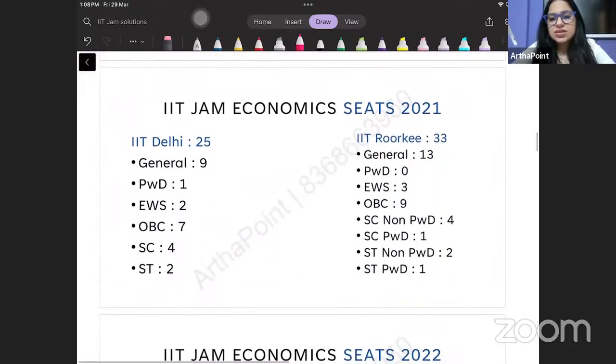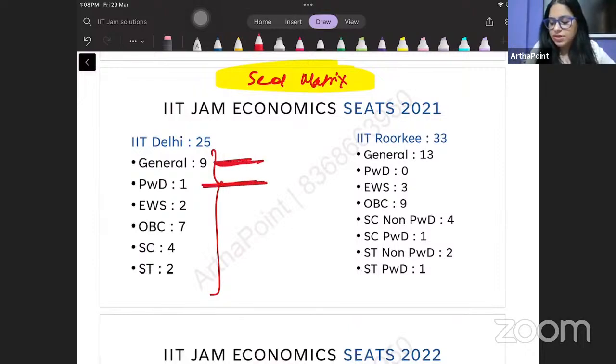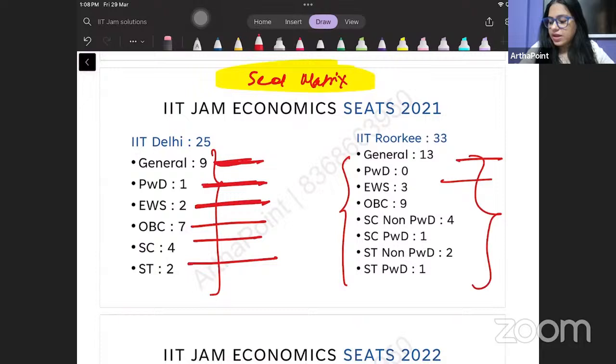But this is the seat matrix for our IIT. So if you can go ahead and see in IIT Delhi, this is the breakup. You have 9 seats in general, 1 in PWD, 2 in EWS, 7, 4, and 2. And this is the breakup of seats in IIT Roorkee.